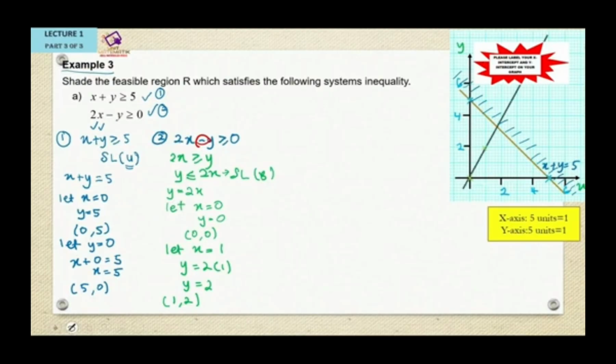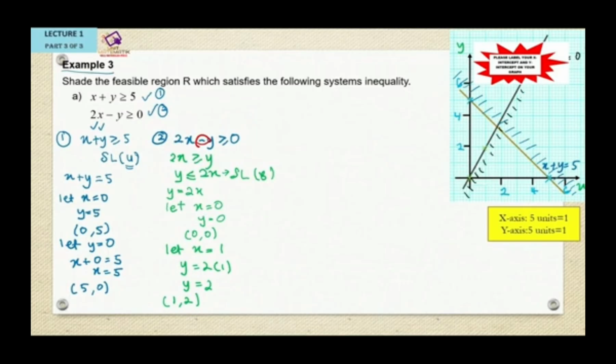Draw your solid line and then label your line. So your line is 2x minus y equals 0, or you can also write it as y equals 2x. Next, the region is below the line. So below the line, it means it is here.